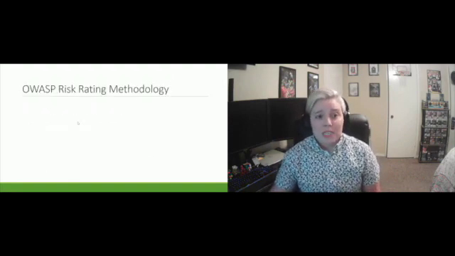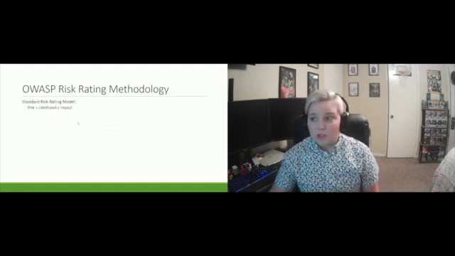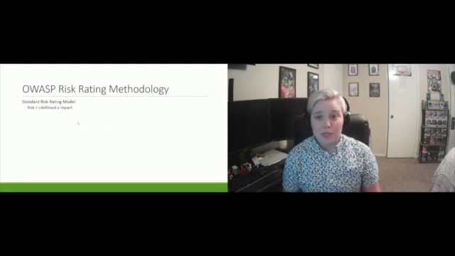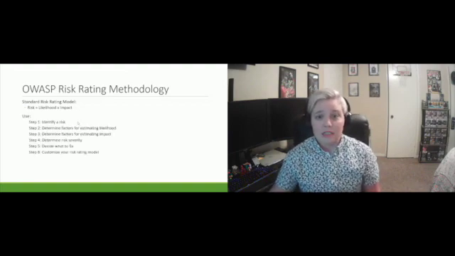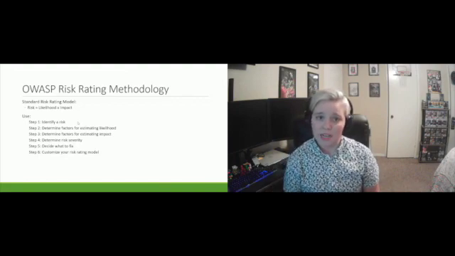So the particular OWASP risk ranking methodology starts off with your standard risk rating model, which is essentially that risk equals the likelihood of an event multiplied by the impact of that event. The OWASP model does contain 6 steps, which we're going to dive into in detail in the upcoming slides.